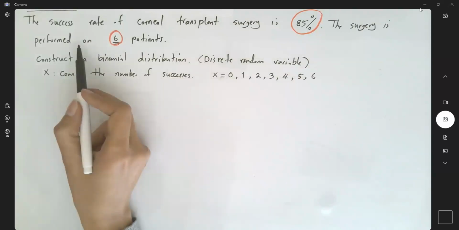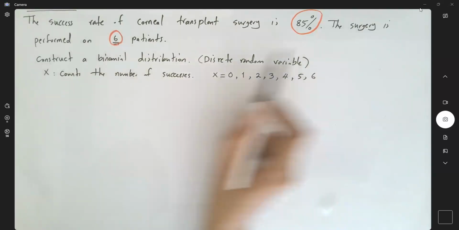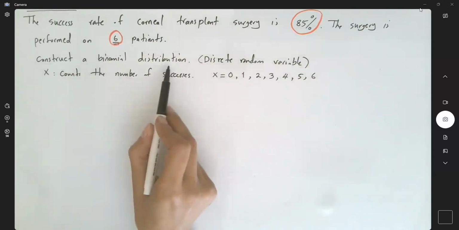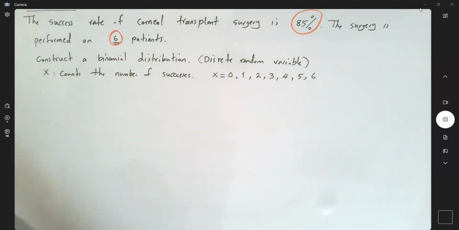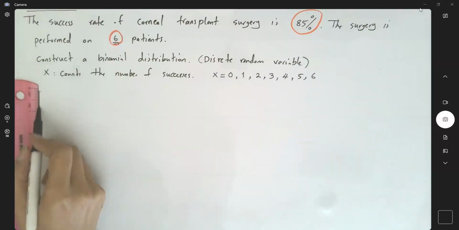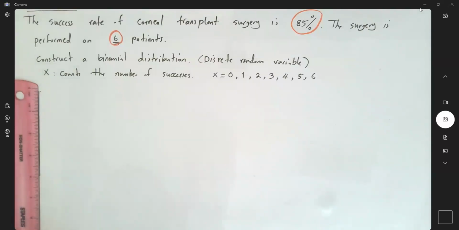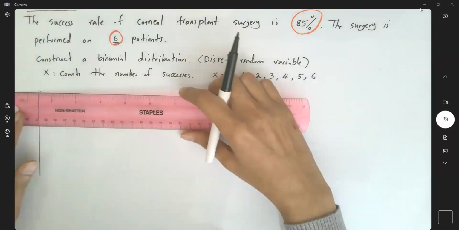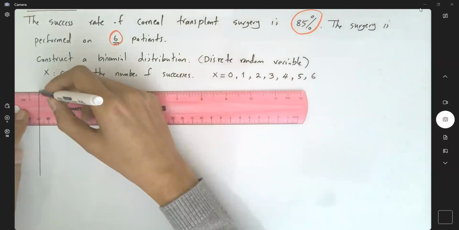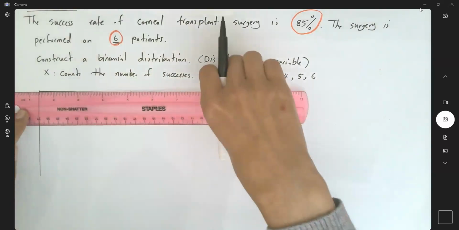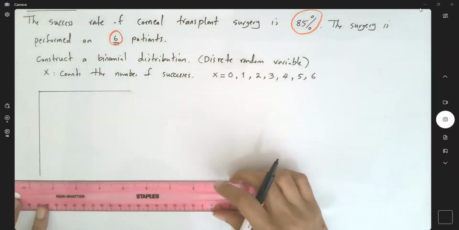So let us form the binomial distribution, which is a table. So we use a ruler and have a nice table. Write everything a little bit nicely. There we go.